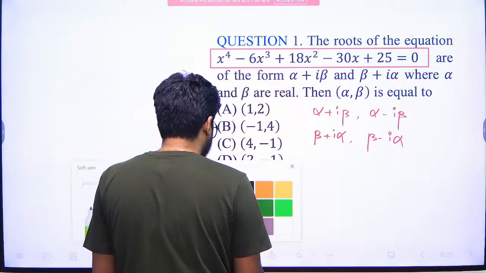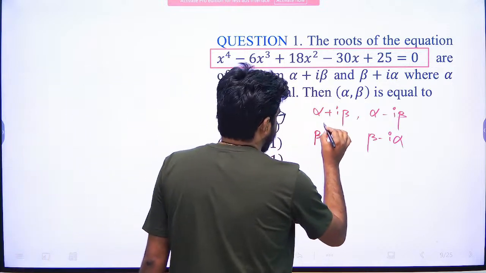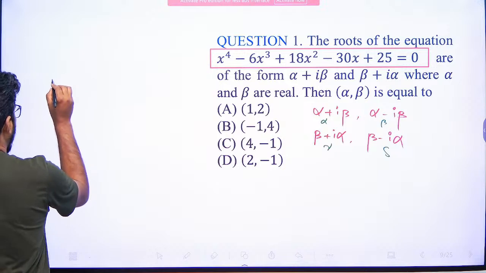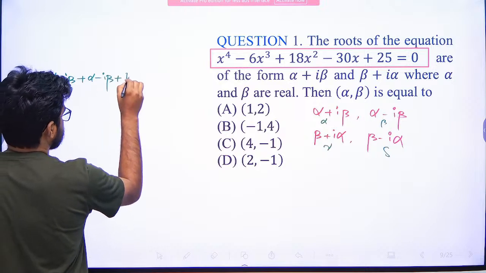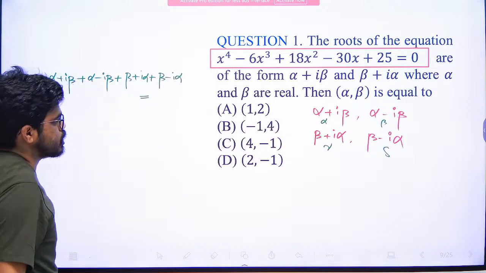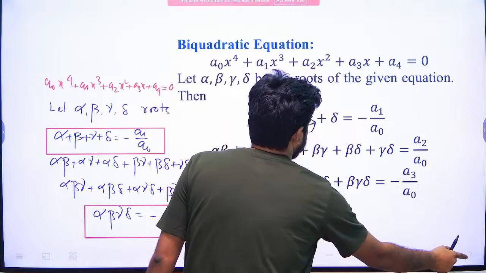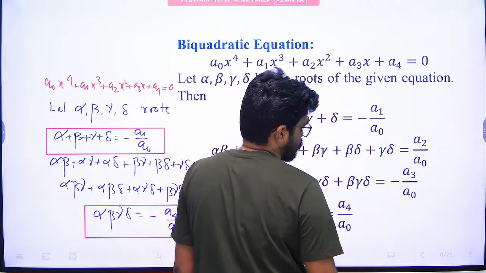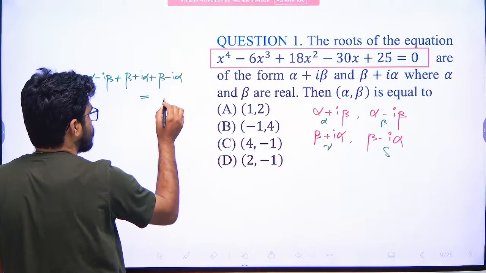From the relationship between roots and coefficients, suppose the roots are alpha, beta, gamma, delta. The sum alpha plus beta plus gamma plus delta is minus a1 by a0, that is, minus the coefficient of x cube by the coefficient of x to the power 4, so this will be 6.